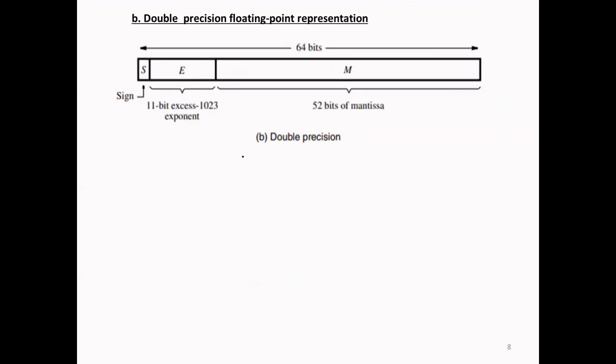What is the difference between single precision and double precision? S is the same. Instead of 8 bits, the exponent is now 11 bits. Instead of 127, we need to add 1023 to avoid negative numbers. Coming to the mantissa, instead of 23 bits, now it is 52 bits.